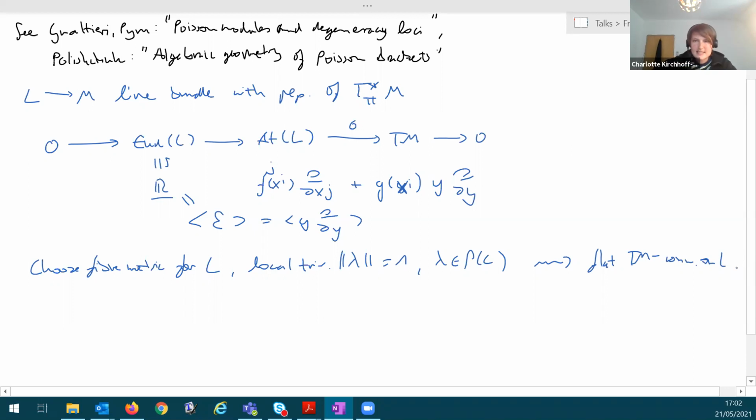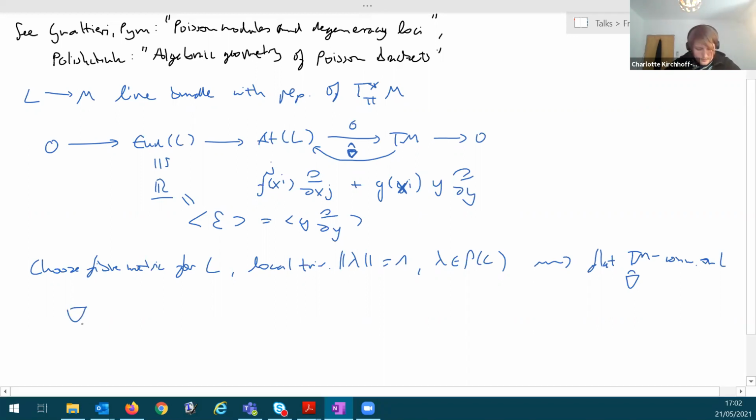Precisely this connection is such that the local sections lambda are flat. And because this is a real line bundle, that actually defines a global flat connection. That's of course the same thing as saying we have a flat splitting of this short exact sequence. So I'm going to call this the TM connection nabla hat, and I hope that can be told apart from the Lie algebroid connection, which is just nabla.